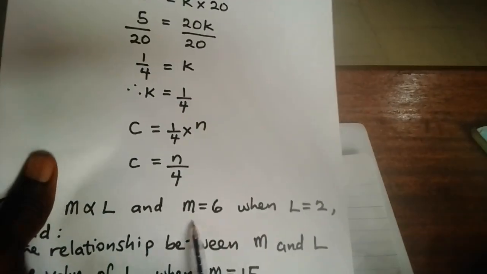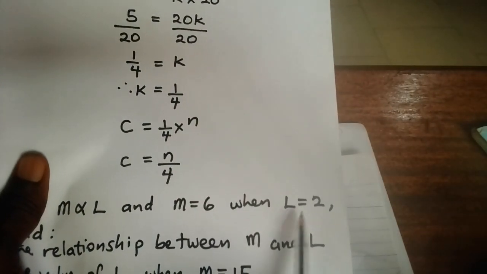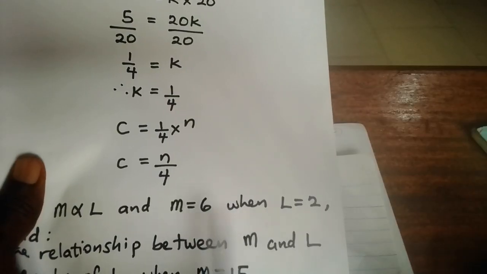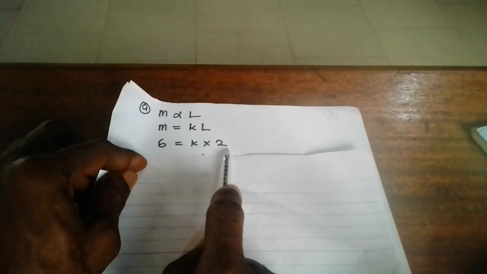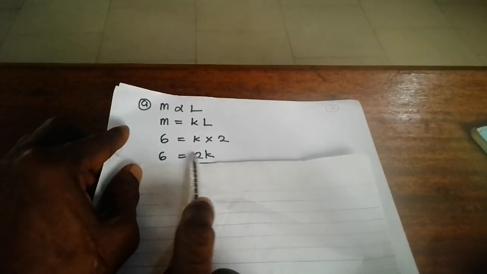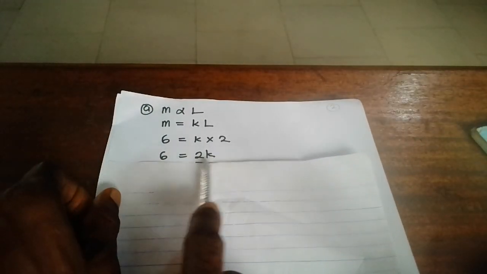In the question, we are told that m equals 6 when L is equal to 2. So we substitute m to be 6 and L to be 2. Here, 6 for m is equal to K times 2, so 6 is equal to 2K.